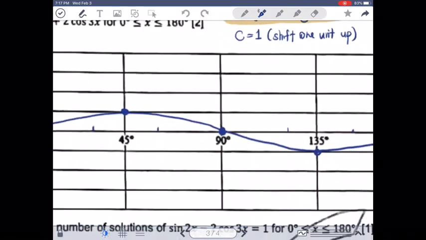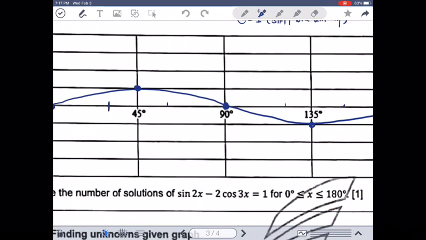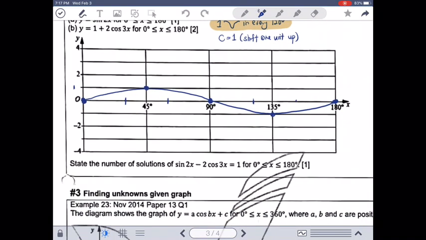Something like that. You divide 90 into 3 main sections. So basically this will equal 30 degrees, 60 degrees, 90 degrees, 120 degrees, 150 degrees, and 180 degrees.